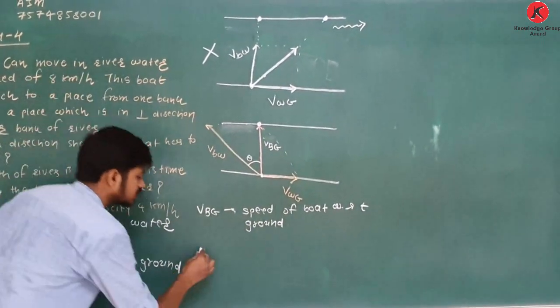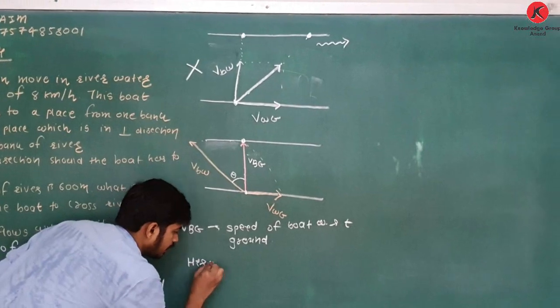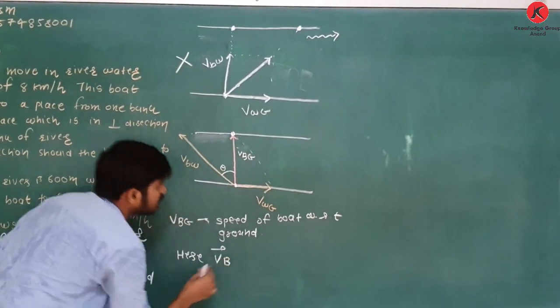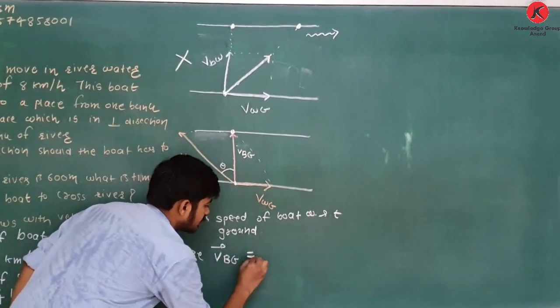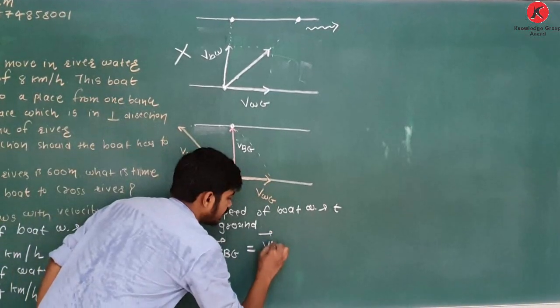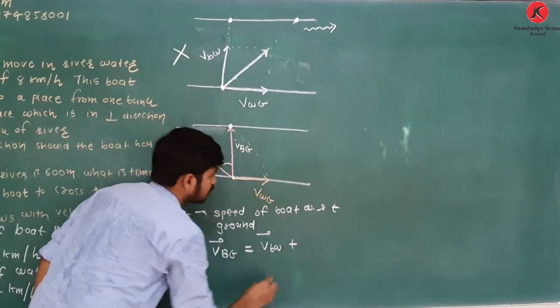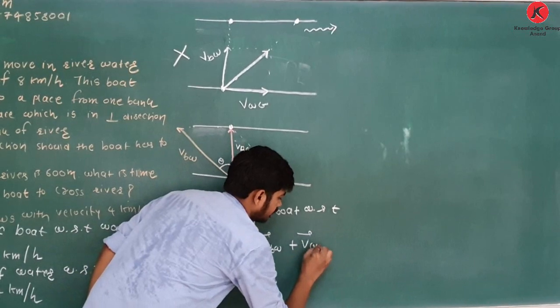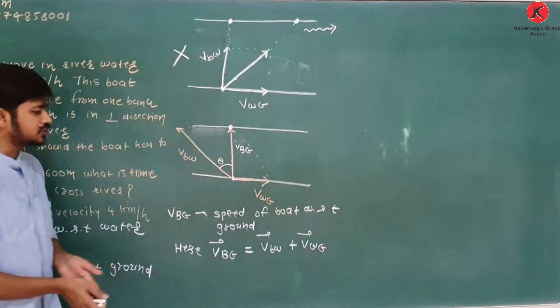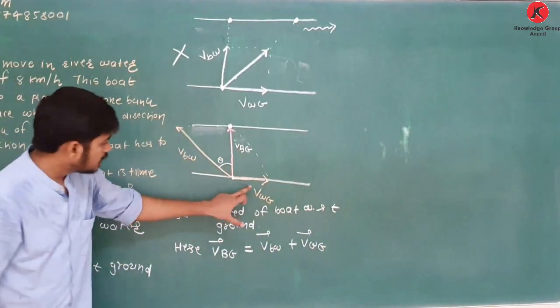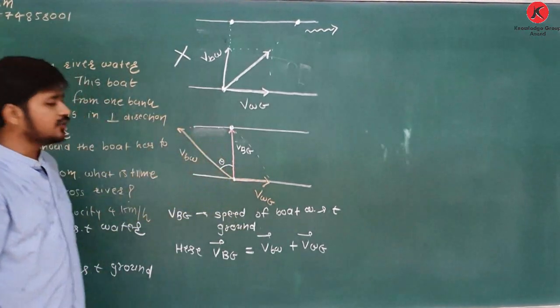Then what is the relation between them? Here, VBG is equal to VBW plus VWG. It is the relation between these three vectors. These two vectors, and the resultant is VBG.